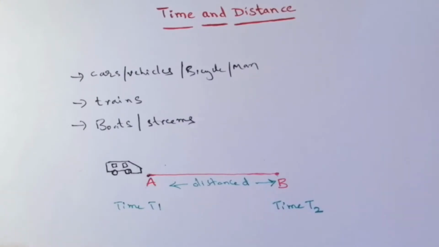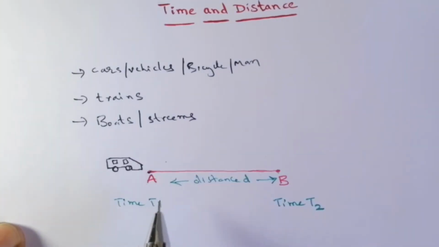Remember, this particular vehicle started at point A at time t1 and reached point B at time t2. So what is the time taken? It is nothing but t2 minus t1.